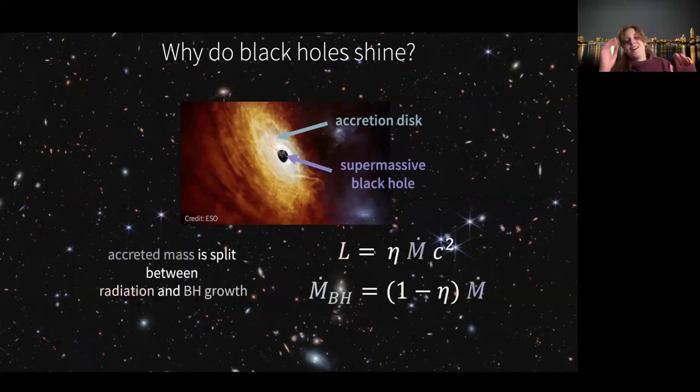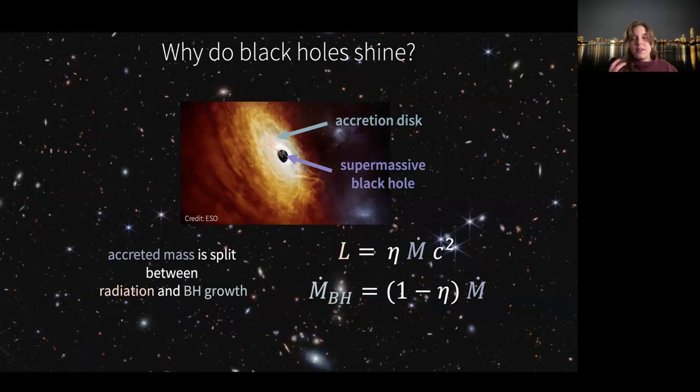The only equation I'm going to show in this talk is this one, because I think it helps put into perspective what processes we're talking about here. As I mentioned, it's the stuff around the black hole that is emitting the radiation that we can observe.